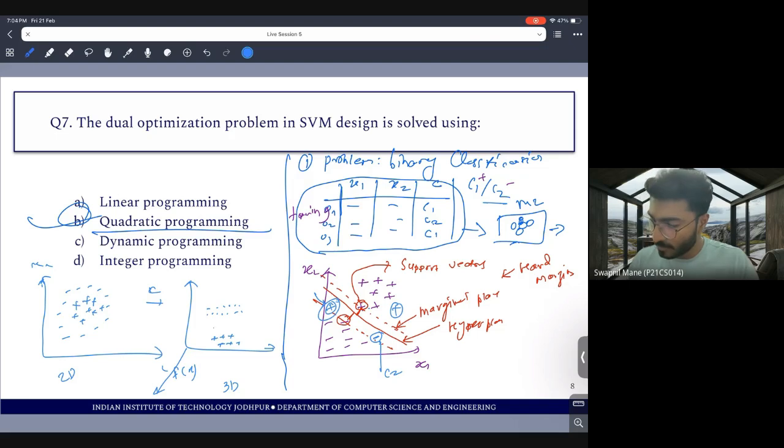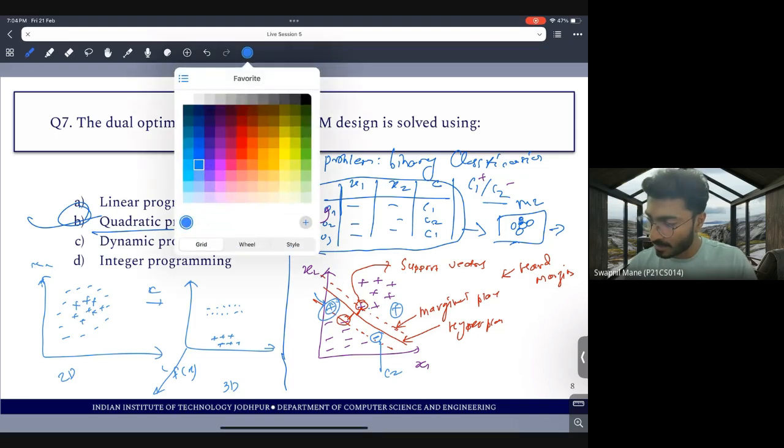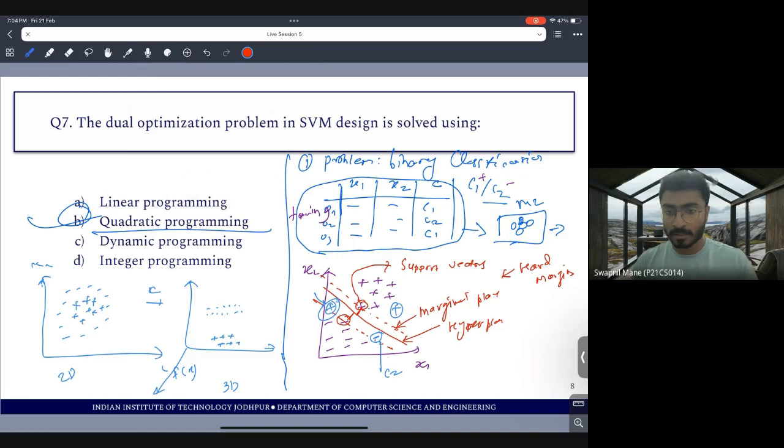So here you can see this distribution simply shows as a linearly separable distribution. In this case you can draw a hyperplane like this, and these points may be support vectors here. Understood?